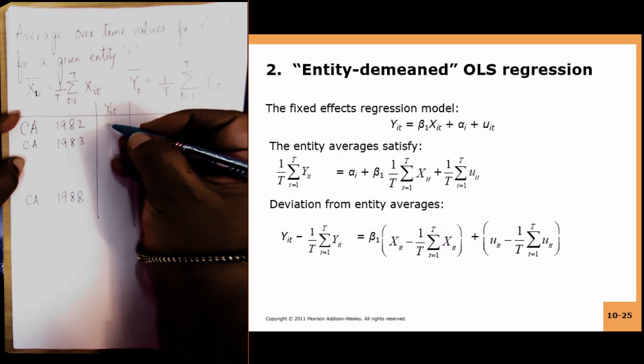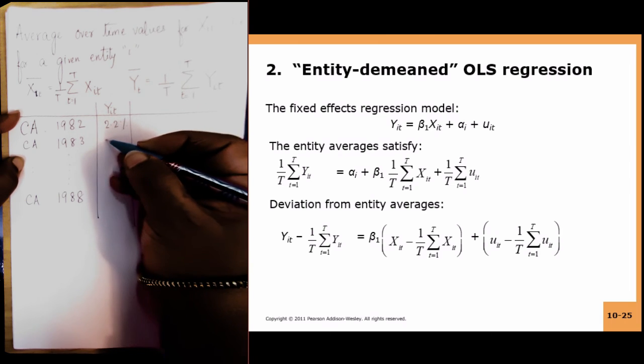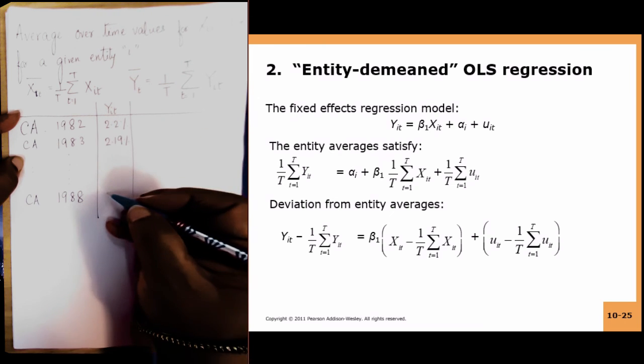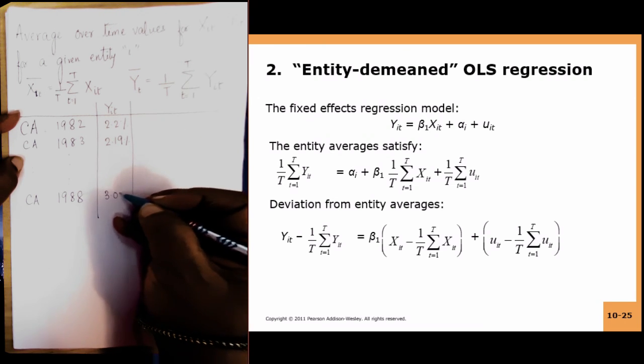For Y_it, say the fatality rate is 2.2%, then 2.19%, then 3%, whatever.